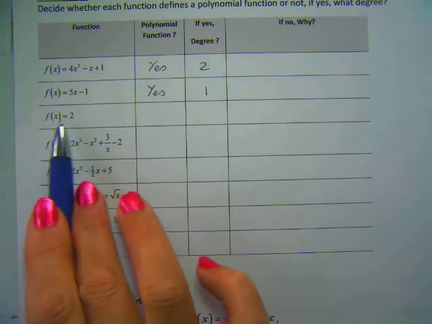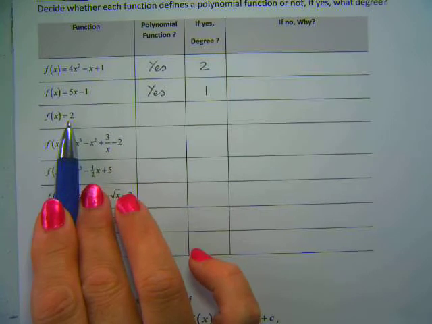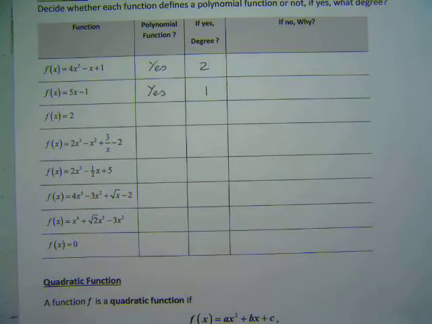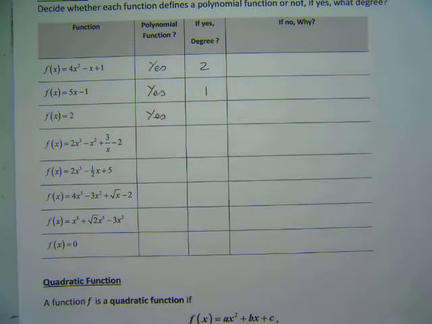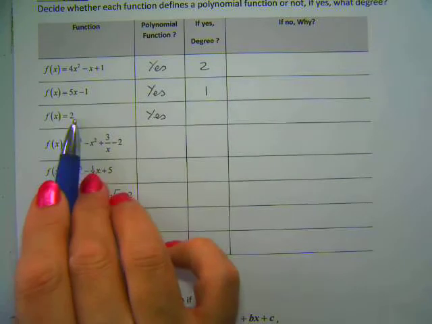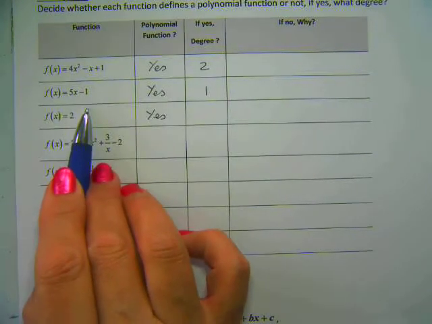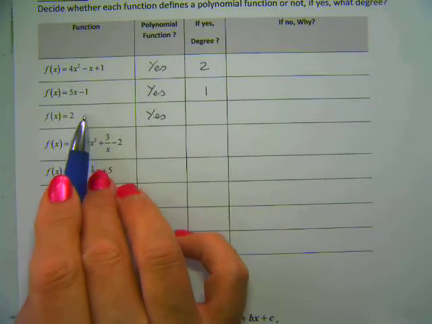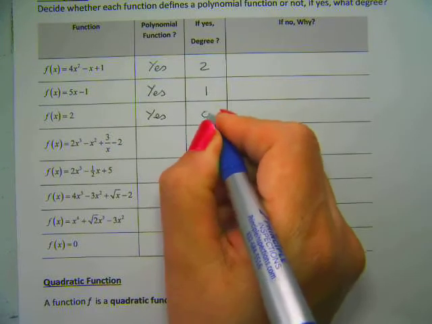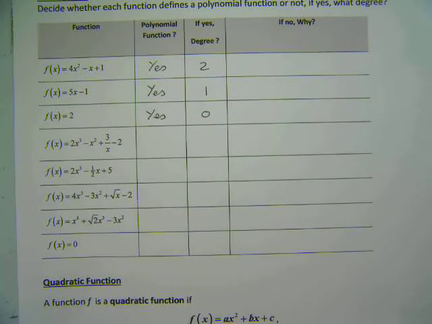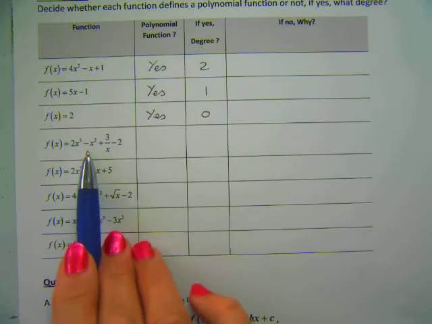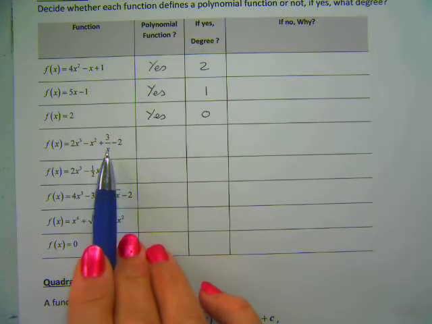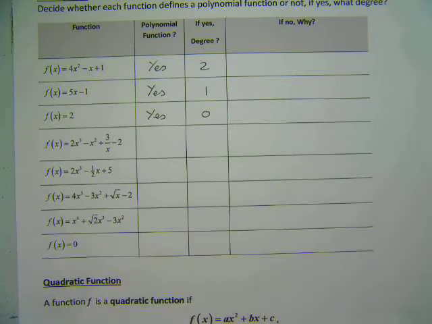Interesting. F of x equal 2, which is a constant function. Is it also a polynomial? Yes, it is. What's the degree? What's the highest degree? Well, it's as if you have x to the 0. X to the 0 is 1, so yes, it is a polynomial function of degree 0. How about this one? 2x cubed minus x squared plus 3 over x minus 2.